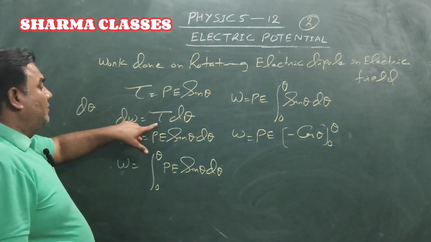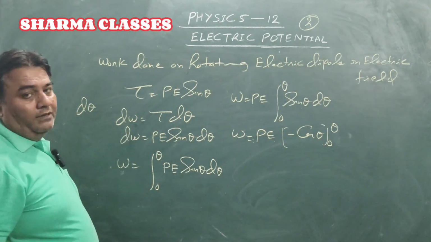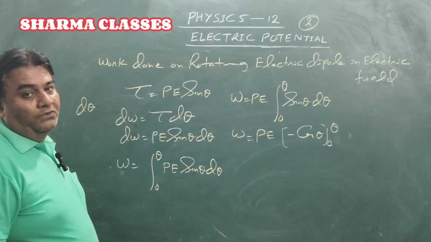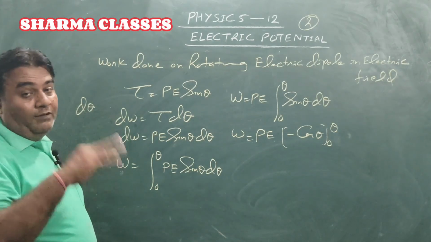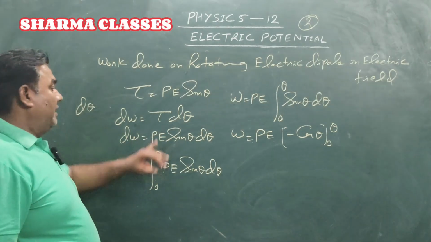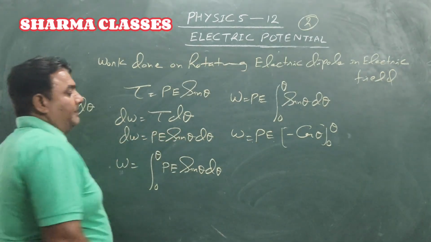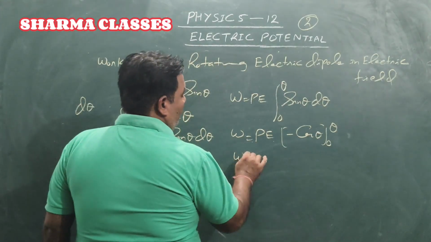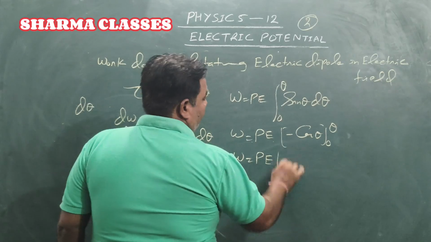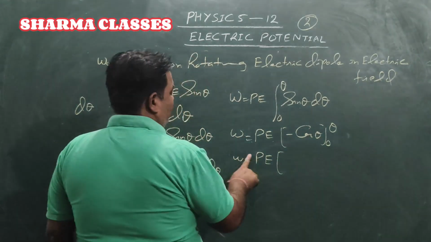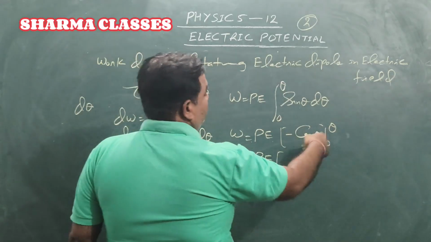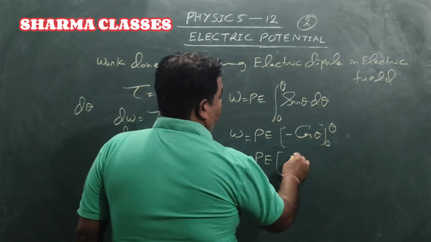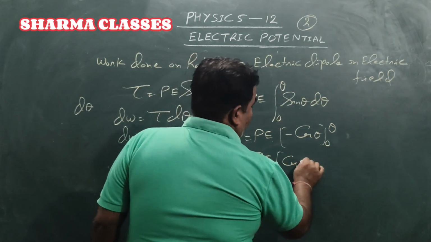dW is equal to tau into d theta. When we displace any body, the work done is W equal to F into dx, force into displacement. When a body rotates, the work done is equal to torque into angular displacement. Now from 0 to theta, W is equal to P E, minus P E common, upper limit cos theta minus cos 0.